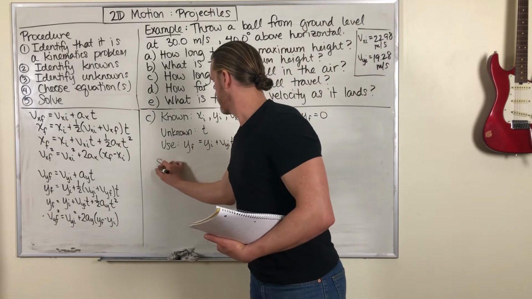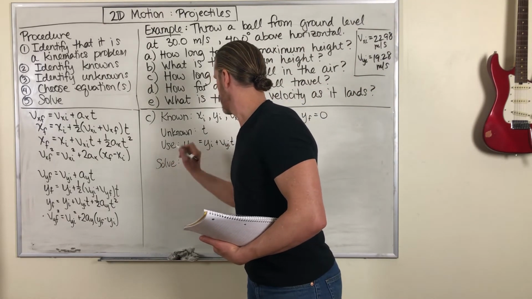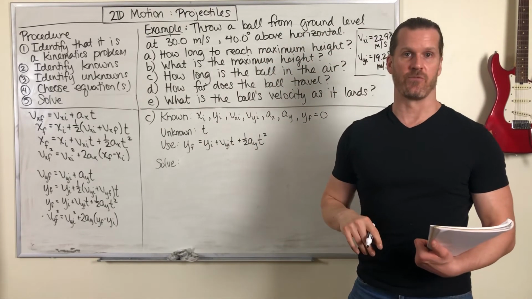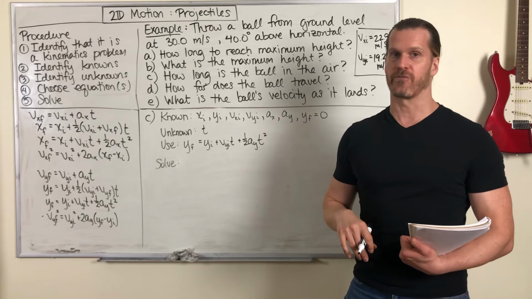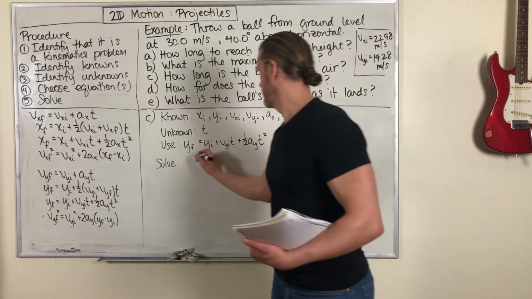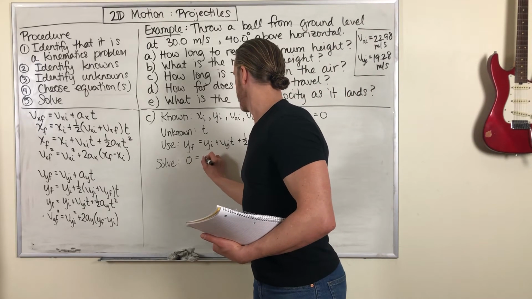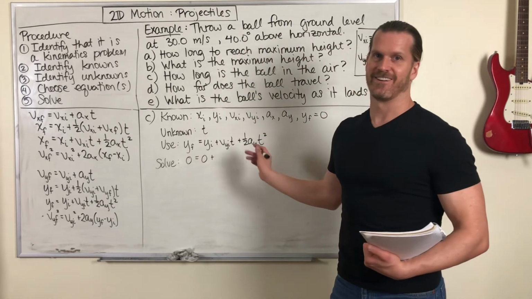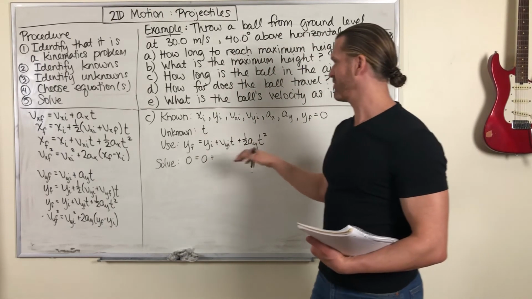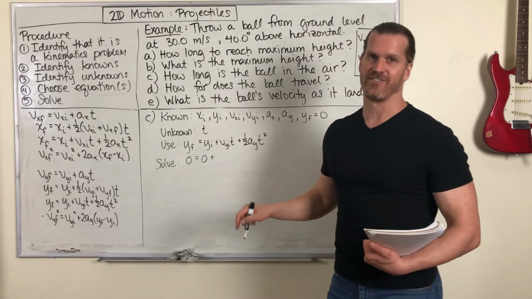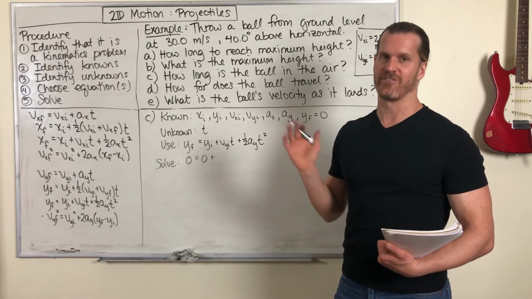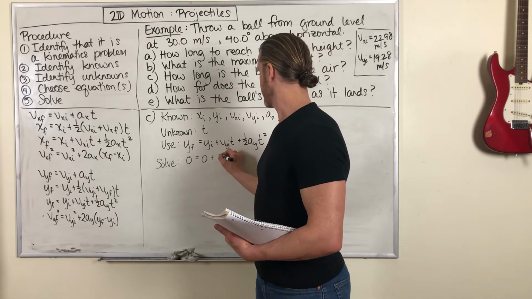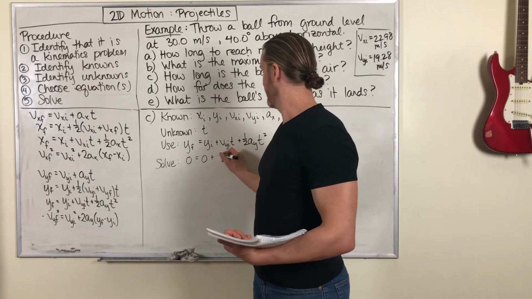And let's solve it. Y final and Y initial are both 0. The ball starts at ground level and ends at ground level. So fortunately, that makes solving this equation a lot easier. Later on, we're going to do an example where it starts and ends at different heights, and that's when you have to use the quadratic formula. But we don't have to use the quadratic formula here. We can just algebra our way out of it.